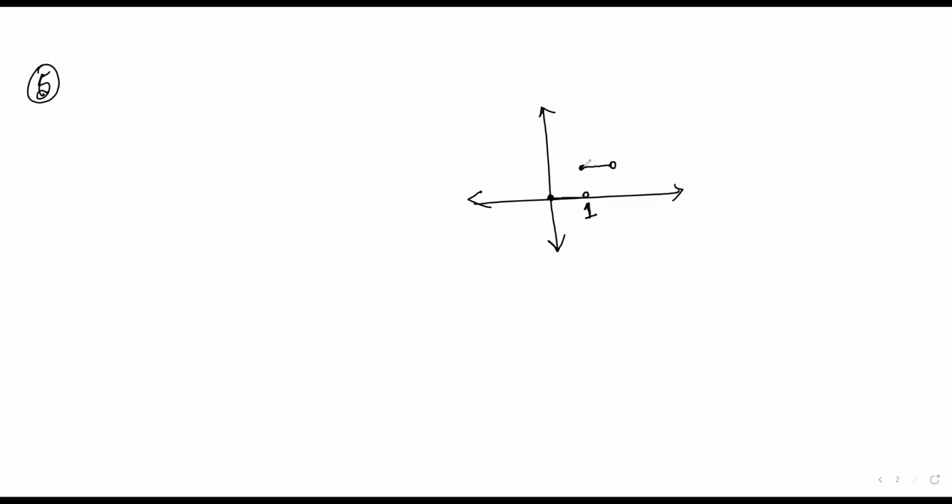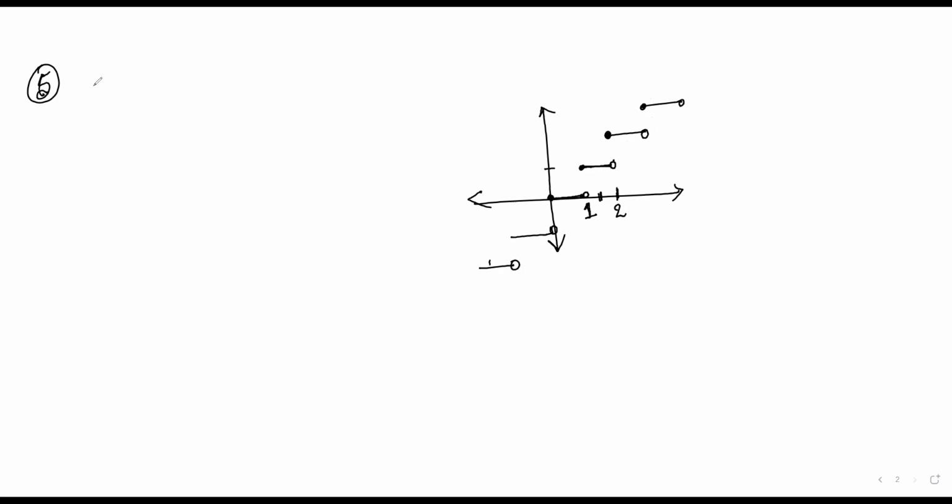At 1, it is 1. 0.999 is also 0 only. 1.1, 1.2, 1.5 are 1 only. But when it comes to 2, it is 2. The graph will look like this step. We call this a step function.